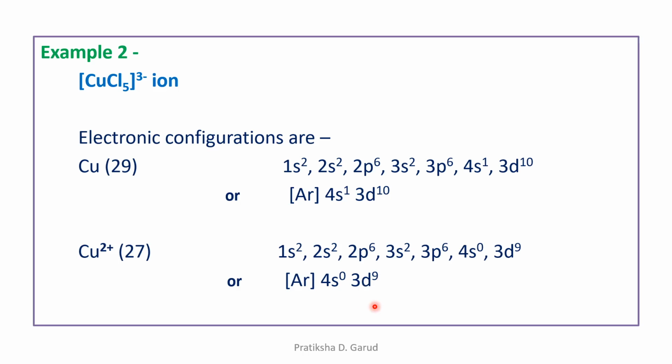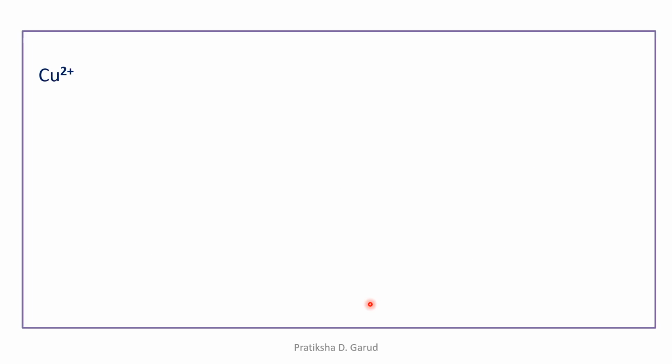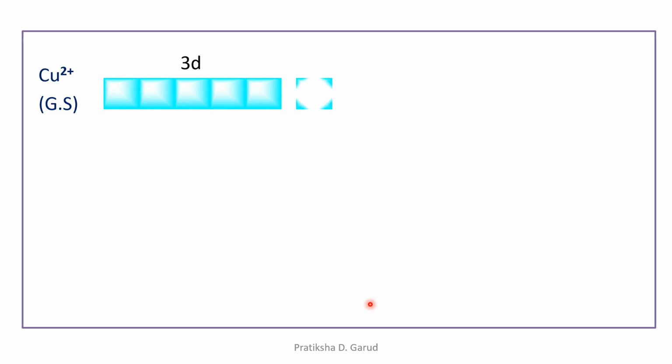So let's put these 9 electrons in the box diagram. We have the Cu2+ in the ground state, for which we have the 3d atomic orbital, then 4s atomic orbital, then 4p atomic orbital.